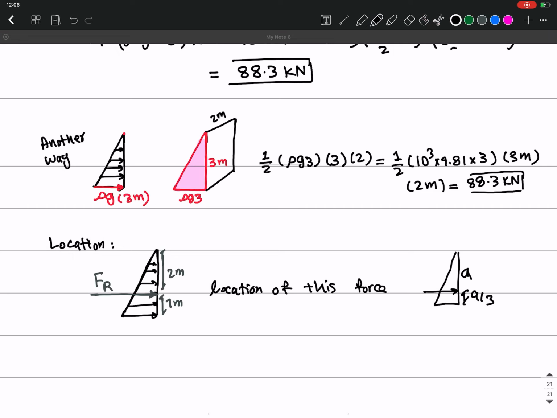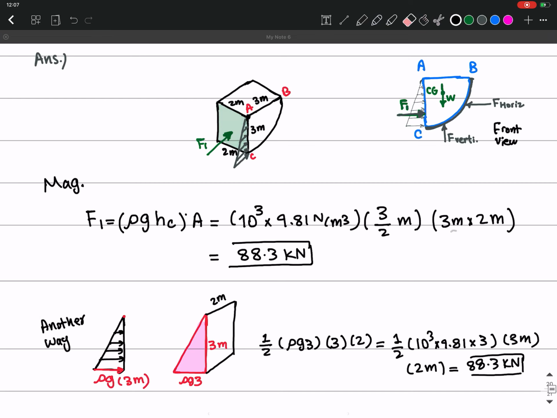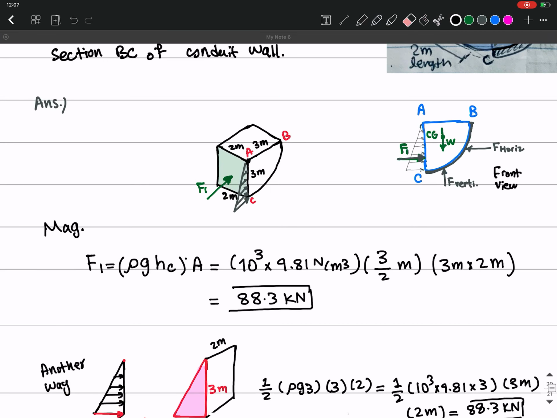So this is what we know for a triangle. Okay, so I have it here, and then let me now calculate the other thing. So this, we know, is going to be 1 meter from here and 2 meters from top. This is the location of this force.